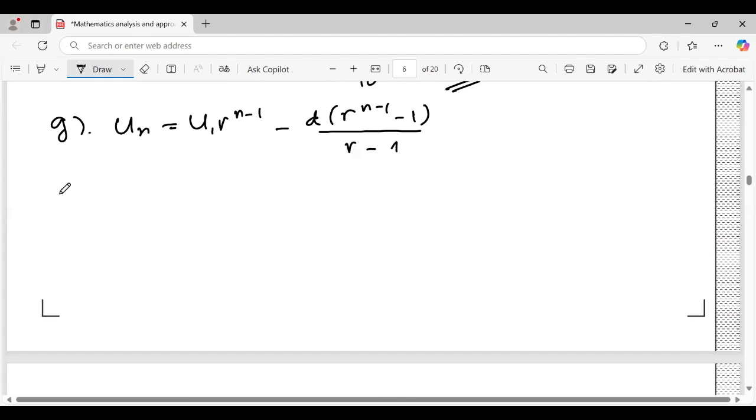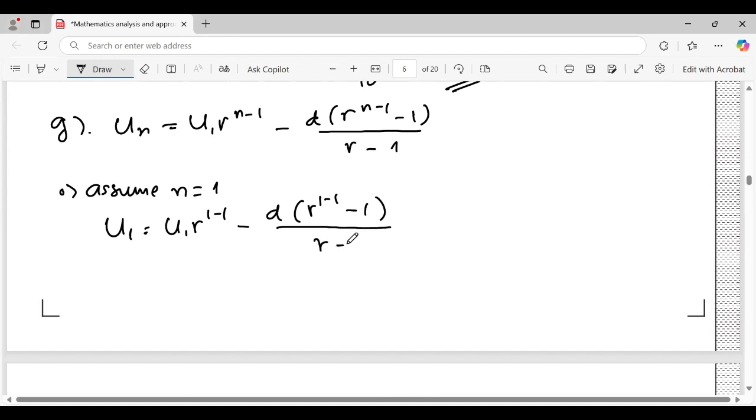So we need to assume that n equals 1. If n equals 1, substitute n equals 1 into this equation: r power 1 minus 1 is r power 0, which is 1, so u1 equals u1 times 1.